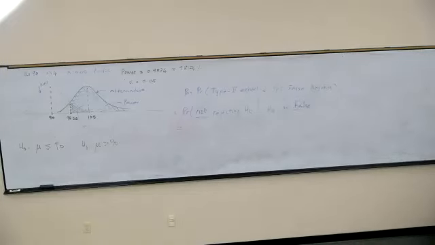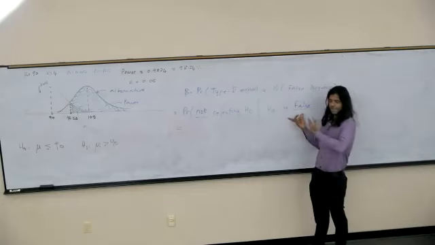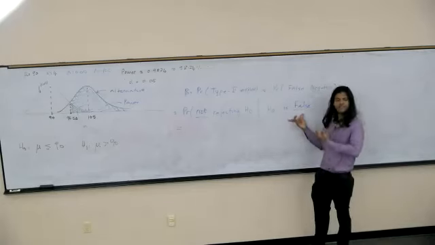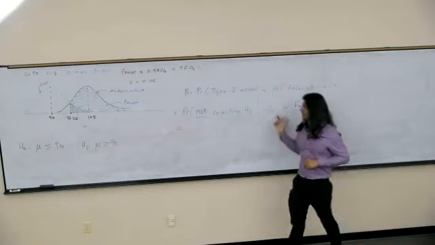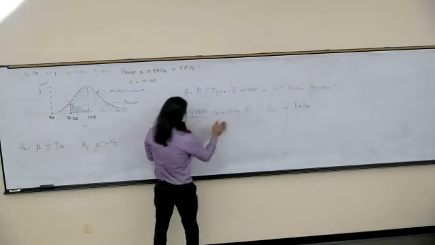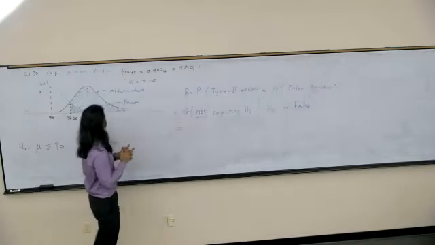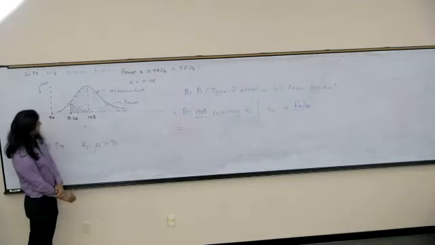Null is false would simply mean that there is evidence toward the alternative, and the right thing to do will be to reject the null. Correct. So here we want to find the probability of not rejecting the null.